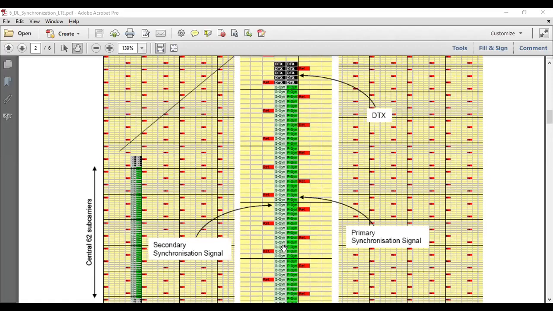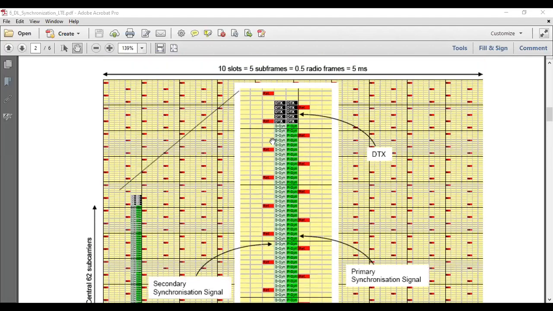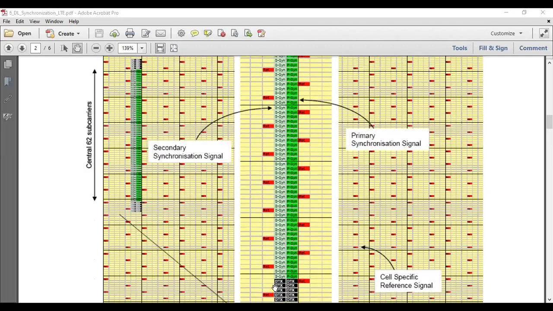And right before that, you have the secondary synchronization signal, SSS, again taking up the same length in frequency and also in time, taking one symbol period.